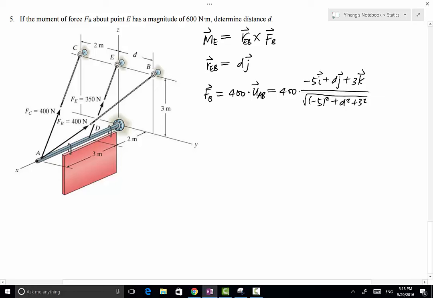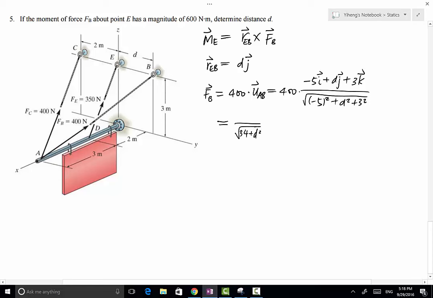So we can try to simplify this as much as we can. The denominator and the numerator both contain d in it. So the denominator is the square root of 34 plus d squared.